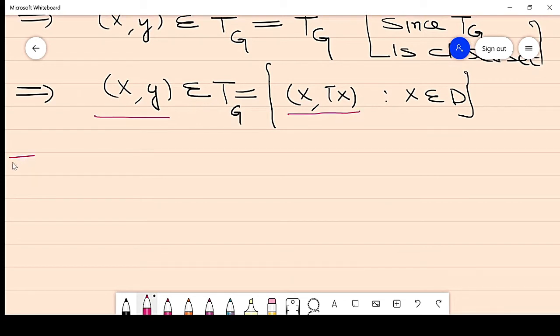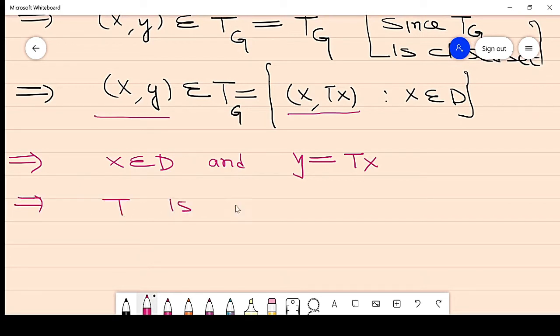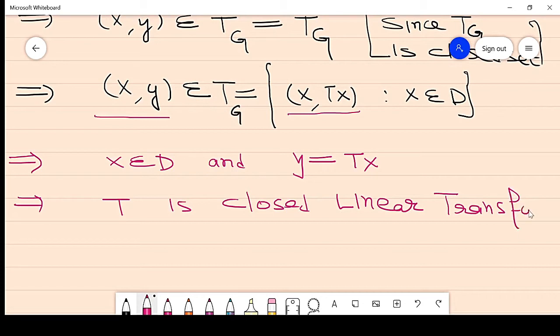If it is an element of this kind, then it means x belongs to D and y is equal to Tx. So it implies T is a closed linear transformation. So that is our result.